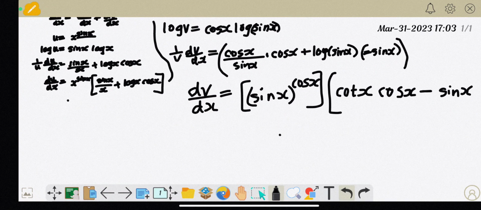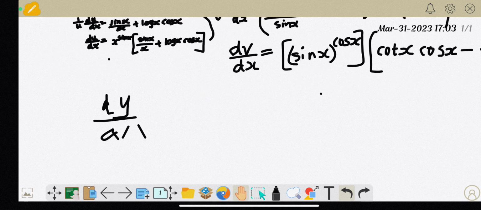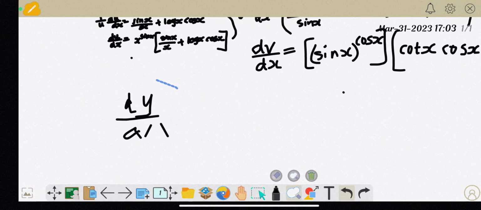Okay, so dy by dx is equal to, so whatever answer you got, just write it together. So you'll get the answer.